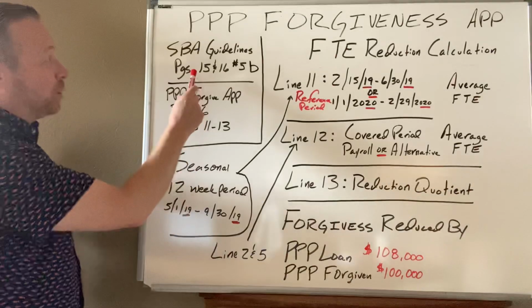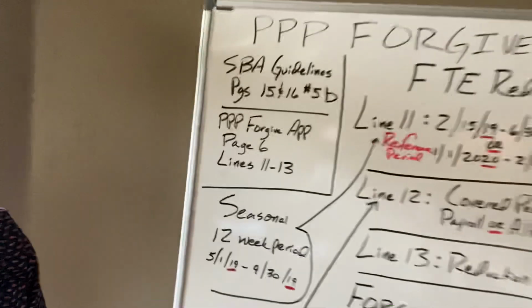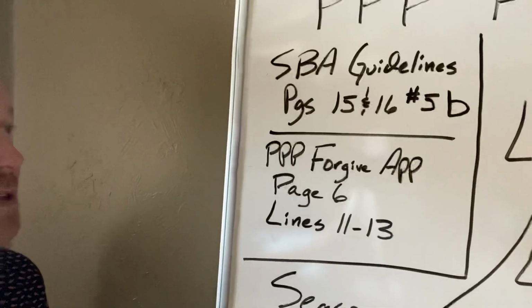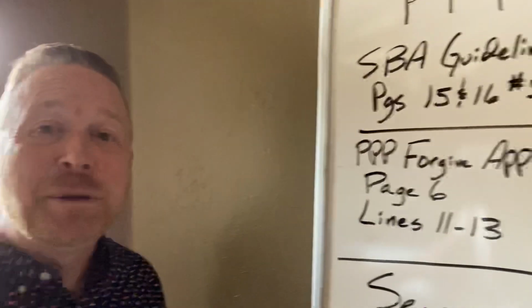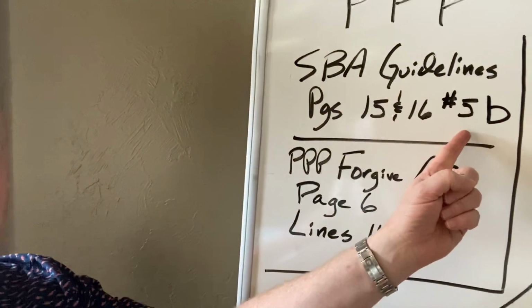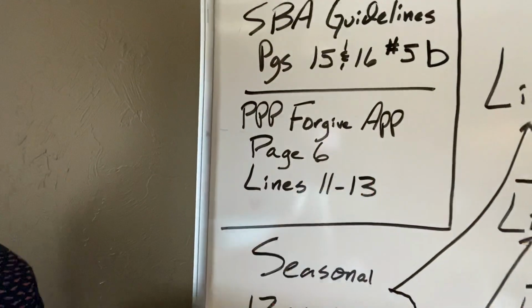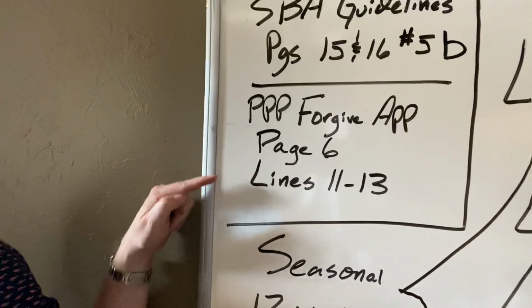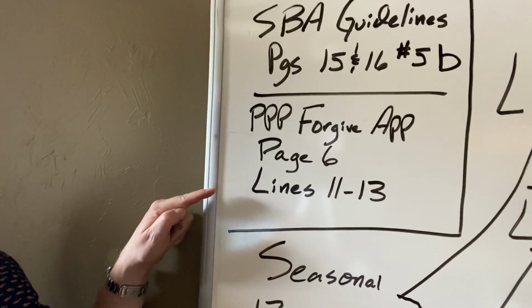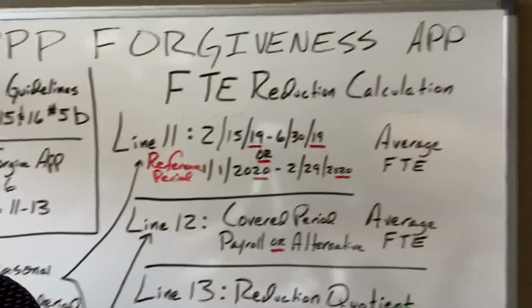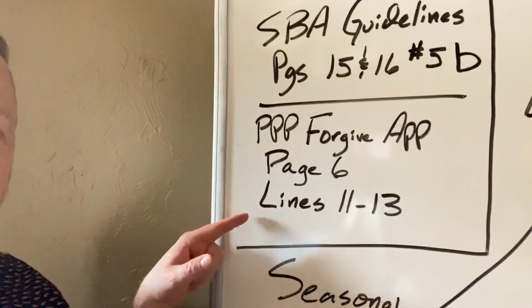And what are we looking at? We're looking at the SBA guidelines on pages 15 and 16, and it's 5B as in boy, okay? We're looking at 5B, and it correlates to the PPP forgiveness application on page 6, and we're gonna be looking at lines 11 through 13, okay?